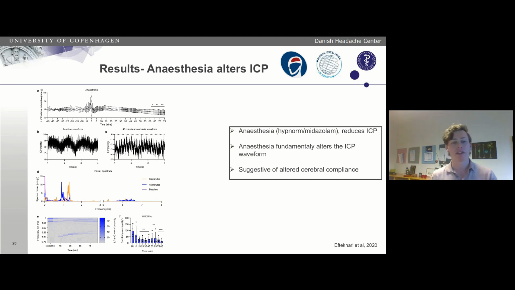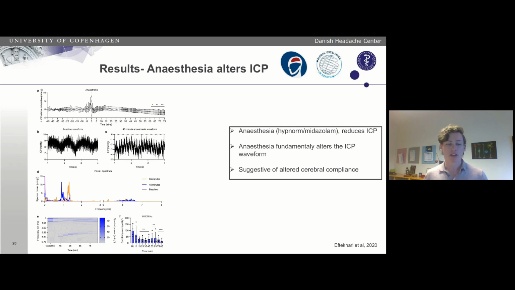The main difference between these two is that with B, you have this noise associated with the cardiac waveform, whereas with C, there's a clear cardiac waveform on here, which suggests that anesthesia fundamentally affects cerebral compliance in rats. And of course, this is quite important because historically, when measuring intracranial pressure in rodents, people are looking for this cardiac waveform on the intracranial pressure trace.